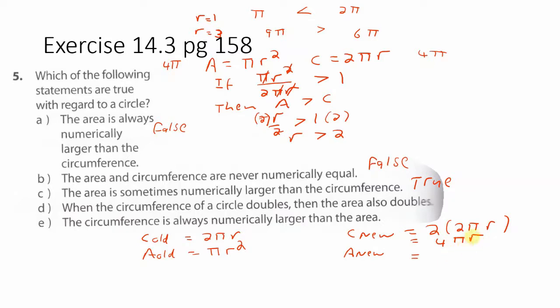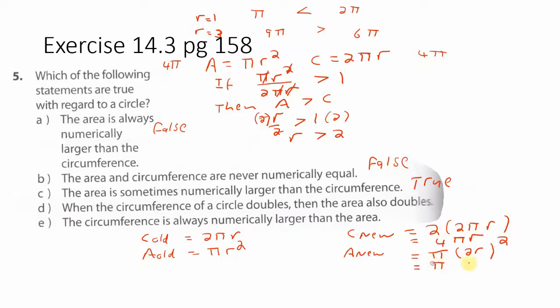We can just say all that changed: instead of having a radius, we in fact have 2 times the radius. So the new area is pi, but the radius is now not radius, but 2 radius. So we still have to square 2 radius.